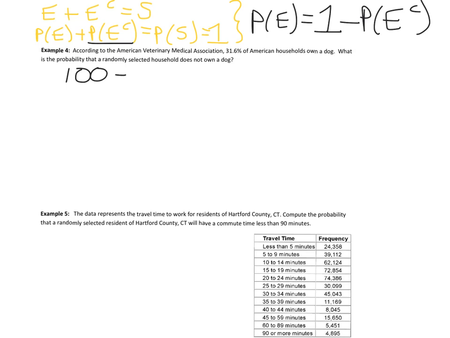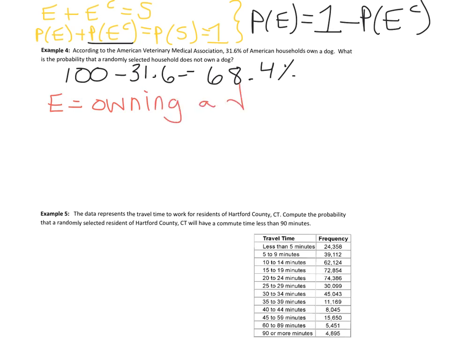So you would take 100 minus 31.6, and we would say that 68.4% do not own a dog. Relating it back to what we just did with our formulas, we would call event E owning a dog, and the complement is kind of like the opposite. The complement would be not owning a dog, the opposite.